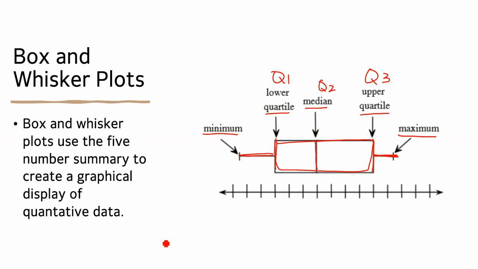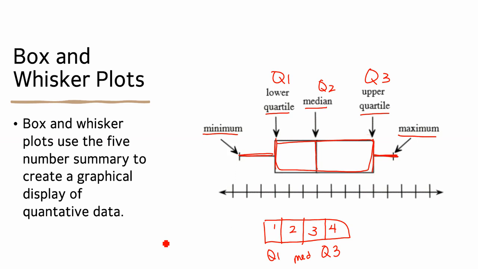If we have a chocolate bar and we want to split it evenly into 4 pieces, we could cut it in half, that's the median, and then cut it in half again, that's Q1, and then on the right side, we can cut it in half again, that's called Q3. So remember, the quartiles, Q1, the median, and Q3, divide the chocolate bar into 4 equal pieces.